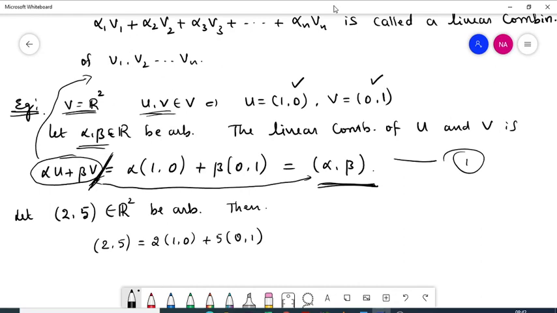If you multiply, this becomes (2, 0), this becomes (0, 5), and adding them gives (2, 5). This is actually 2 into u plus 5 into v.